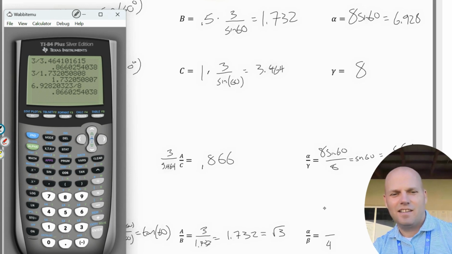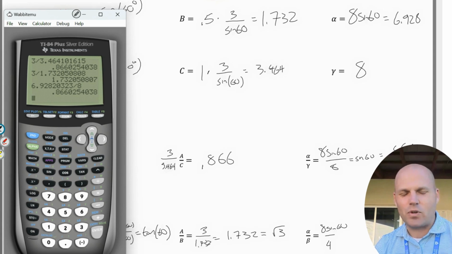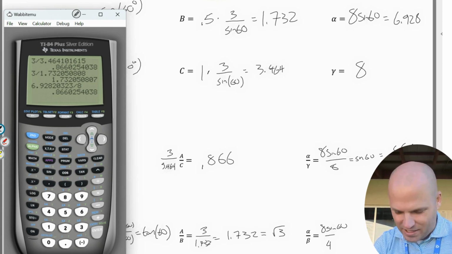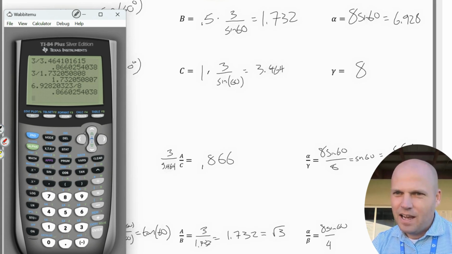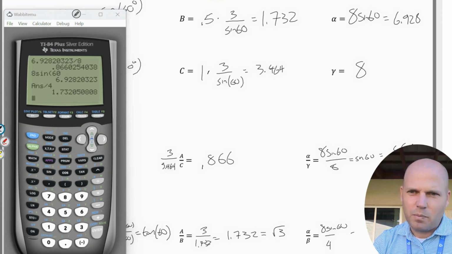Oh yeah. What about here? 8 sine 60 divided by 4 is 2 sine 60, which is the square root of 3. Oh my gosh, this is so great. 8 sine 60 divided by 4 is 1.732.